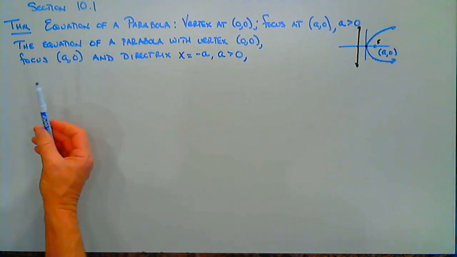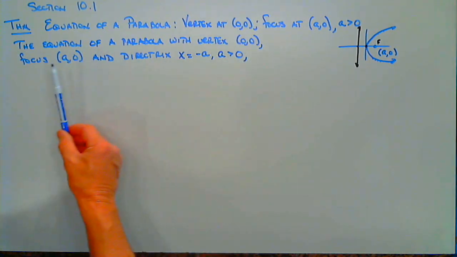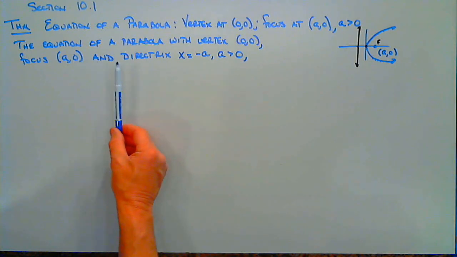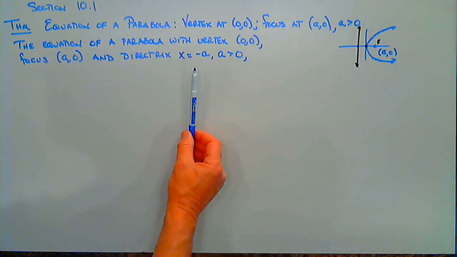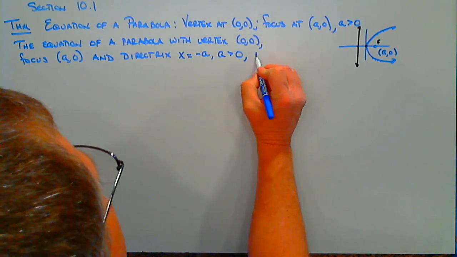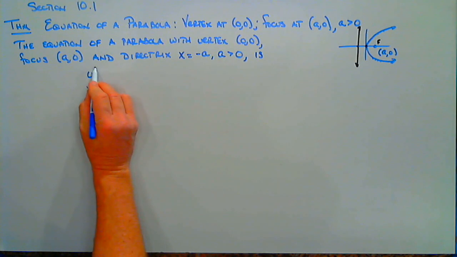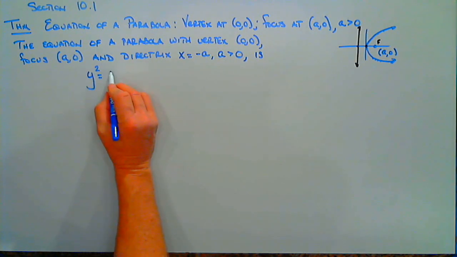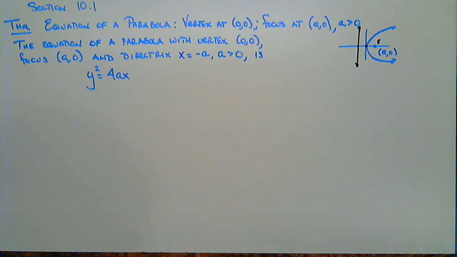So let's reread what we've got written so far in our notes. The equation of a parabola with a vertex of 0, 0, a focus of A, 0, and a directrix of x equals negative A is what? Well, the equation is y squared equals 4ax. That's our basic parabola in pre-calc.